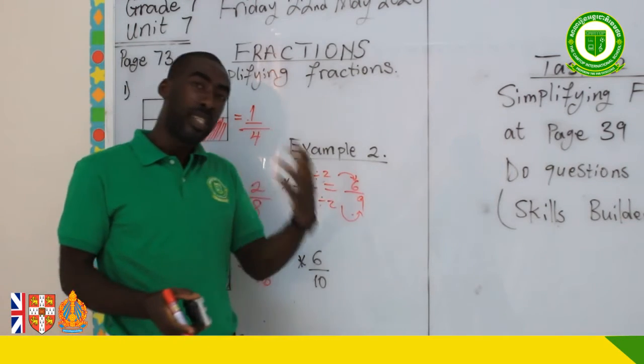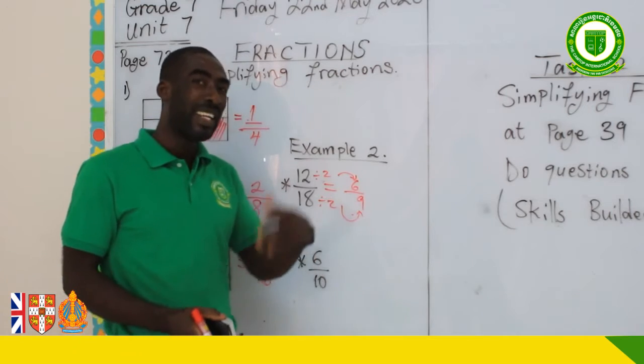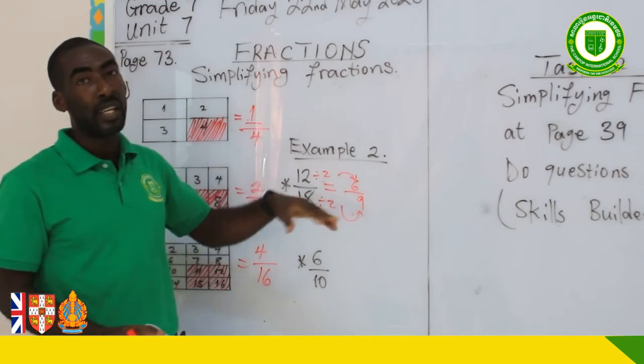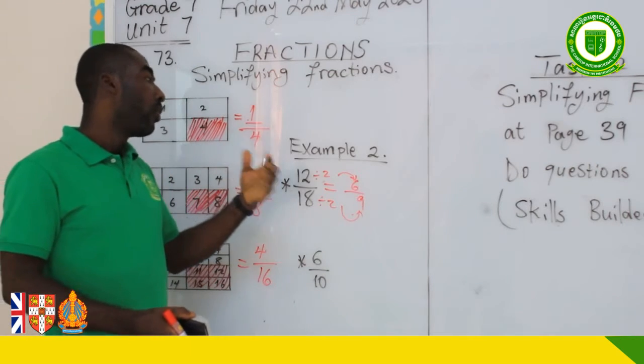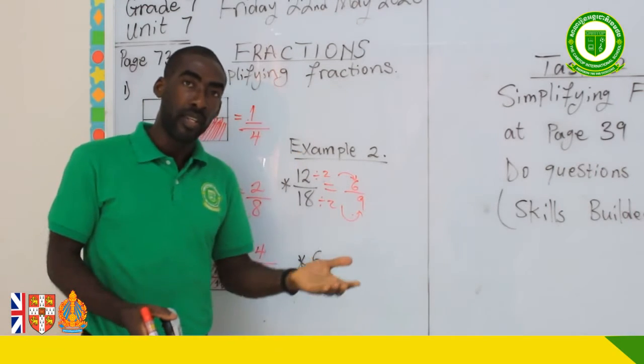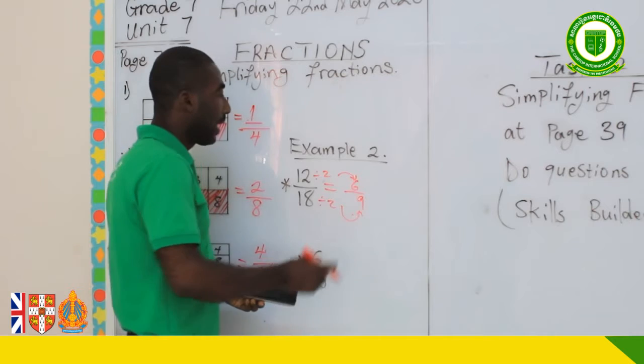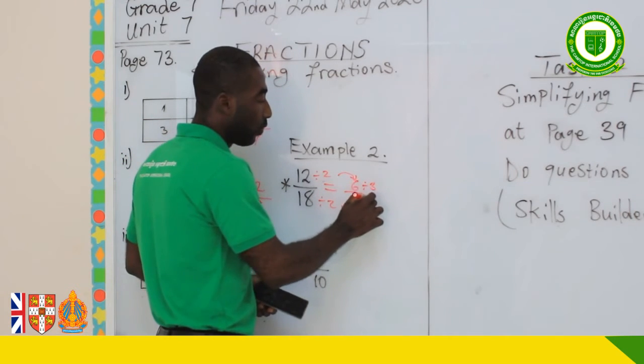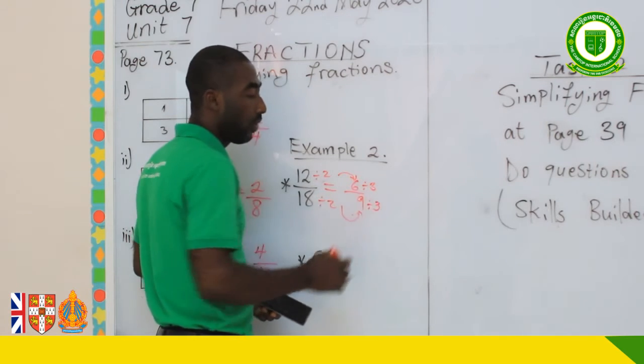So now, since 2 is not going to work, you think about the next number that can divide both the numerator and the denominator. So we can think about 3, right? Okay. So this time around we will divide here by 3 and also divide here by 3.